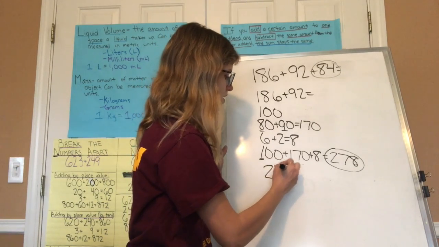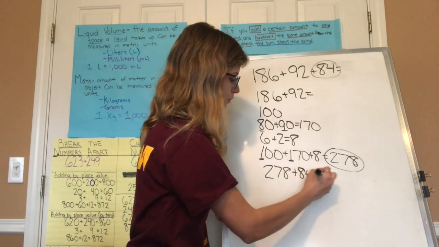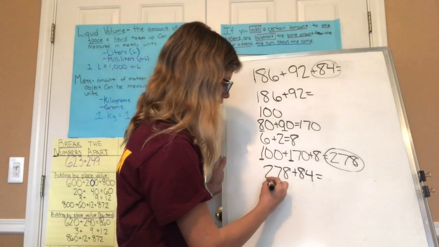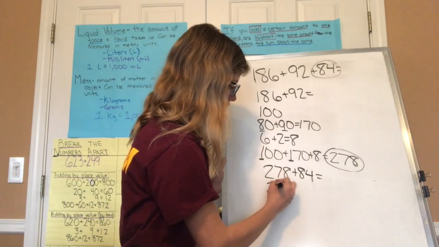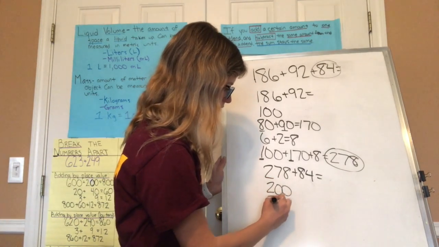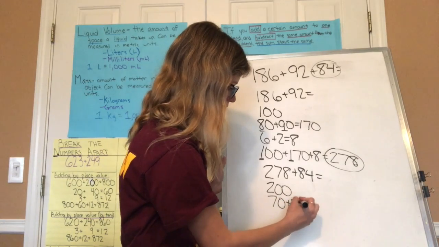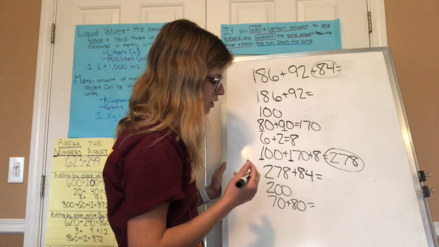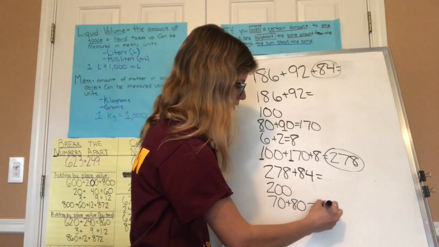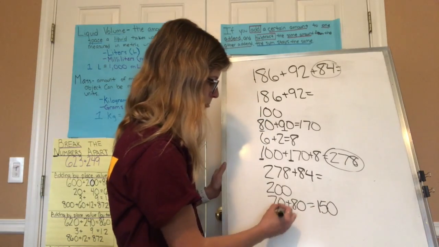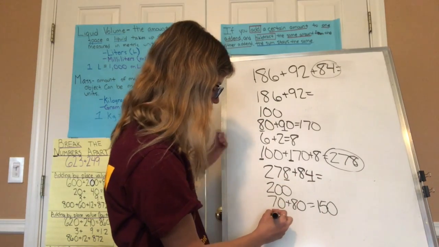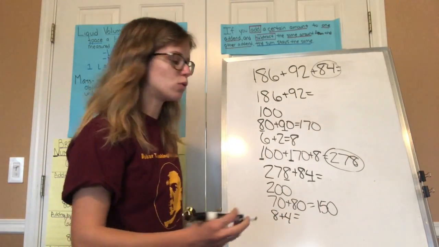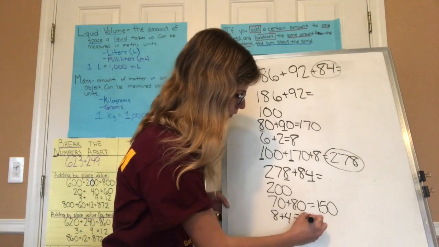So 278 plus 84. Again, I'm going to break it down into hundreds, tens, and ones. So 200, and then 70 plus 80, and I know that 7 plus 8 is equal to 15, so 15 tens, so 150, and then I still have my ones, so 8 plus 4, and 8 plus 4 is equal to 12.